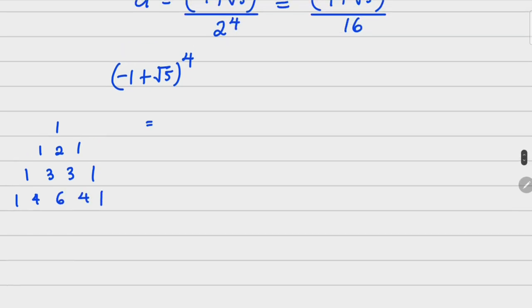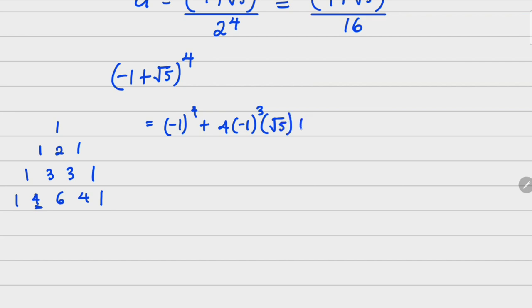Hence, what I'm going to have now here will be minus 1, okay, all raised to power 4. Then I'm going to have plus the coefficient, which is 4. So I have 4 into minus 1 all raised to power 3, then root of 5.